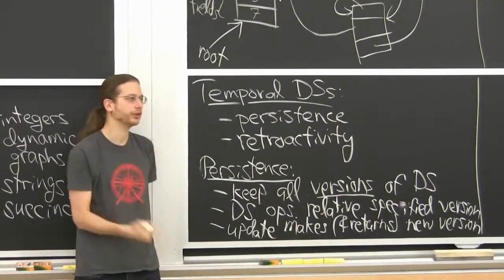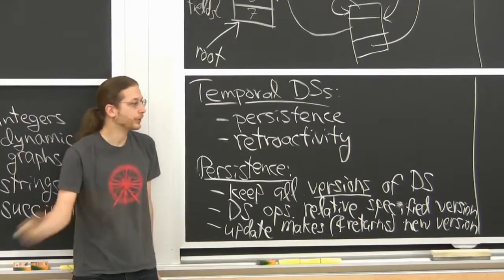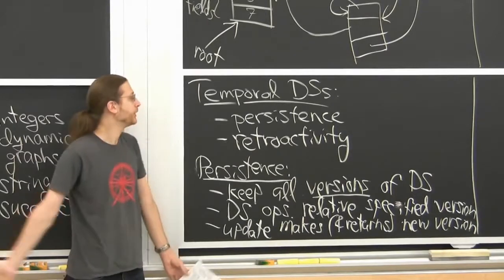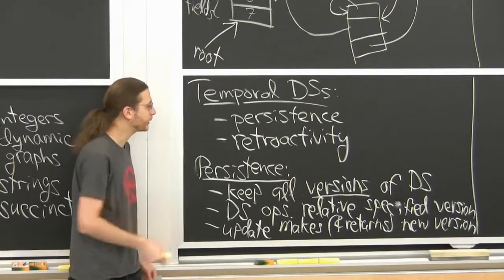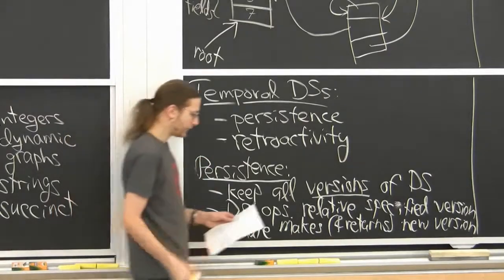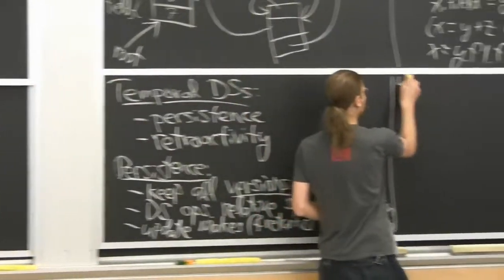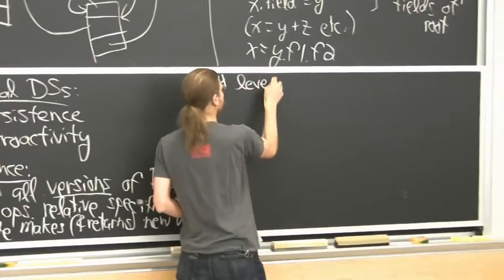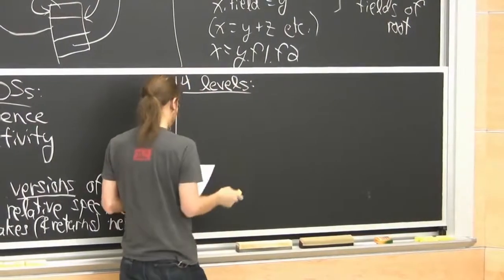Then you could insert into that new version, keep going, or maybe go back to the old version and modify that. I haven't said exactly what's allowed here, but this is the general goal. And then there are 4 levels of persistence that you might want to get.